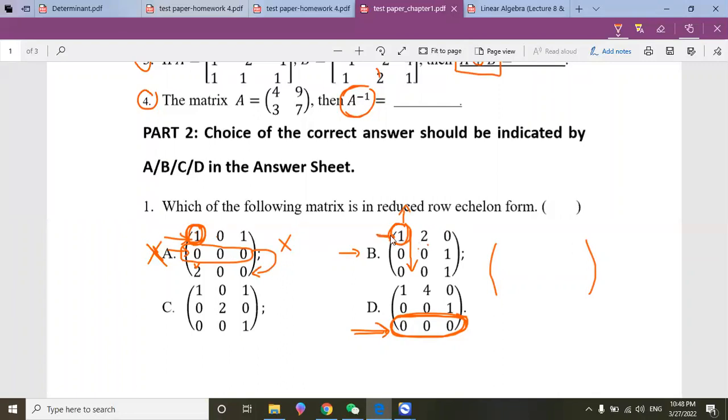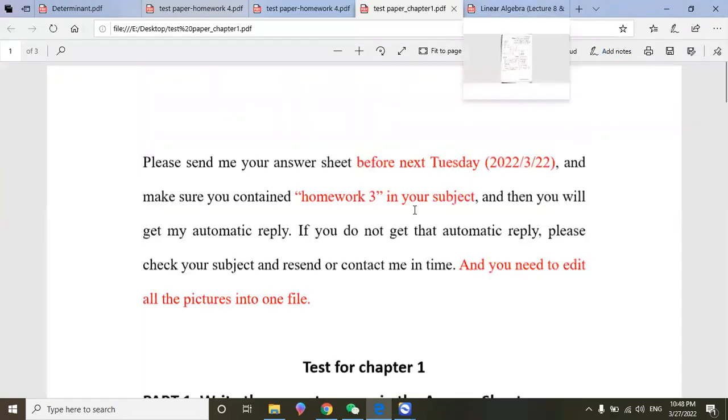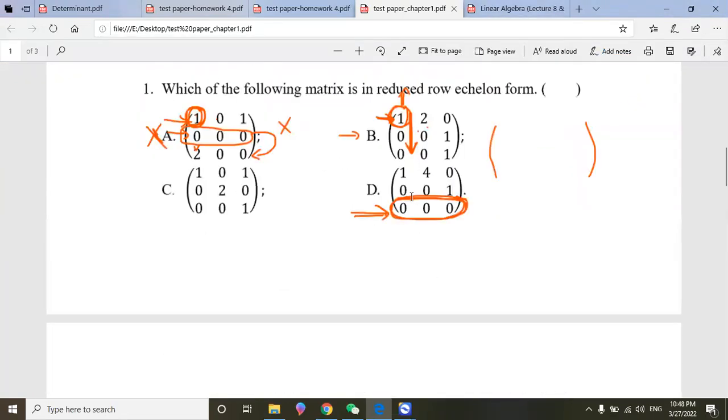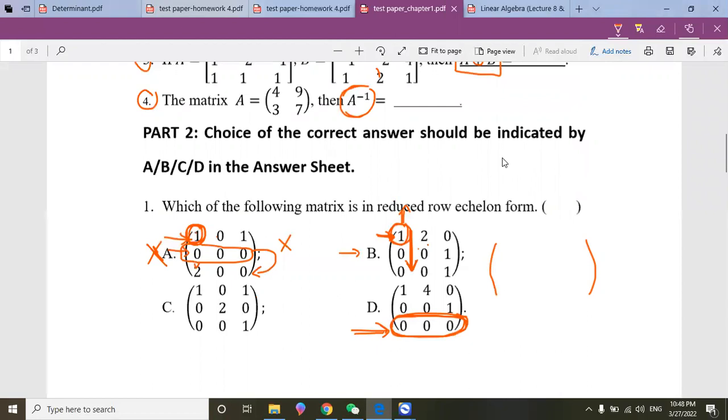So here the first one is right. All the entries below this pivot point are 0, and also above this pivot point are 0. But for the second pivot point, on the second row, our pivot point is here, right?